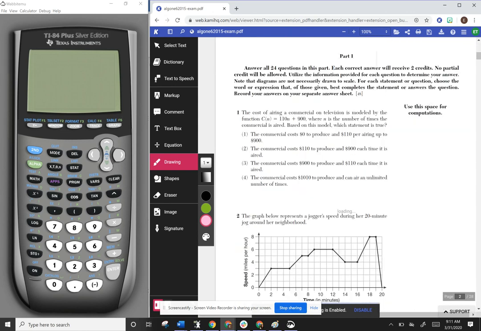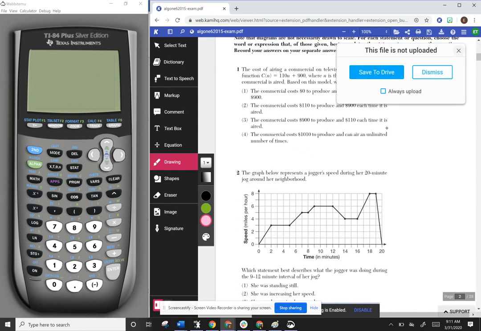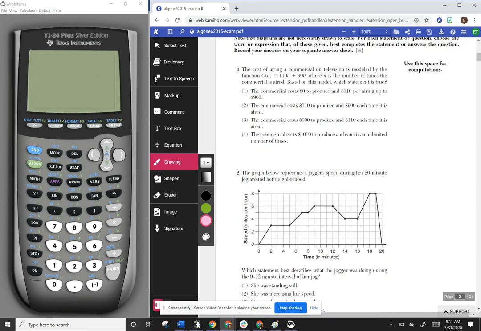Okay, so number 1 says, the cost of airing a commercial on television is modeled by the function C of n equals 110 times n plus 900, where n is the number of times the commercial is aired. Based on this model, which statement is true? With questions like this, I like to look at the function itself first.